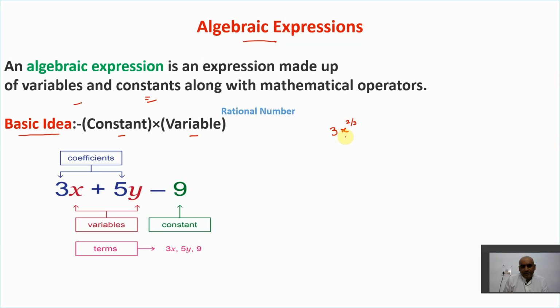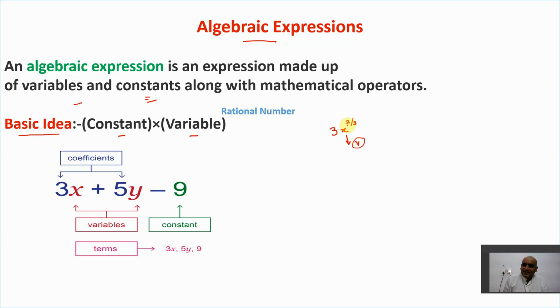Now understand one thing. This x is known as variable. Variable means I can put as many values of x. If I put x is equal to 1, I'll get 3 into 1 to the power 2 by 3.